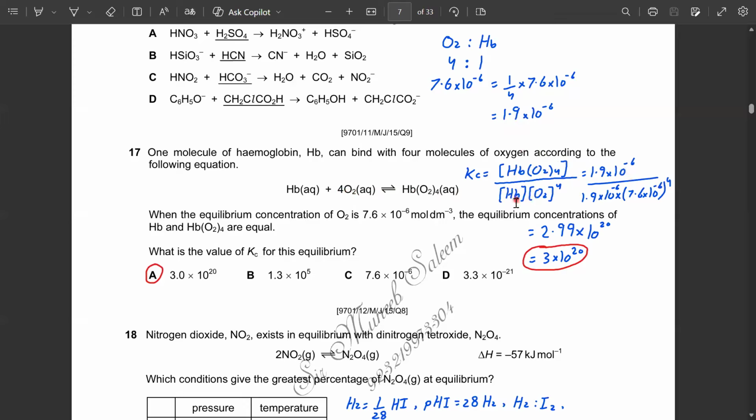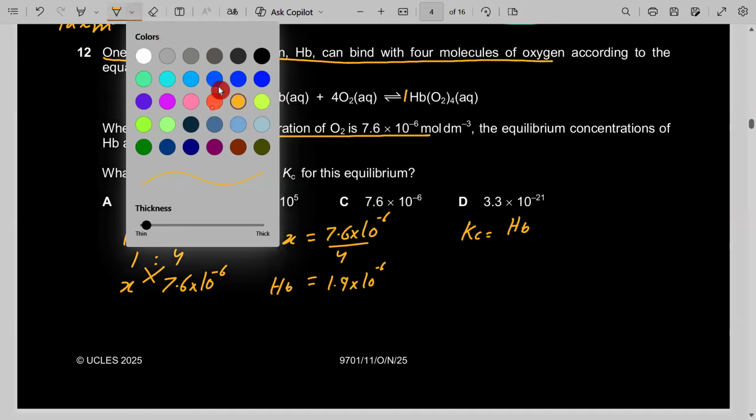For Hb, it will just be this 1, and for O2, the concentration from the statement, so that will be to the power 4. So when you do the calculation, you get this answer, 3 times 10 to the power 20. So A is the correct option over here.